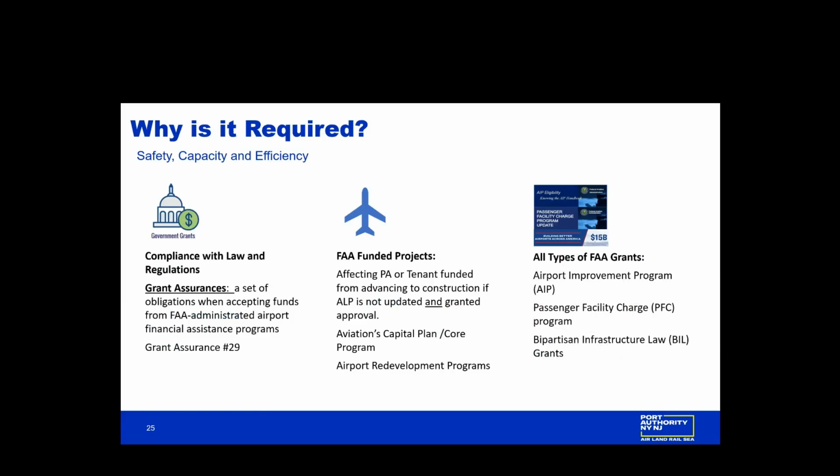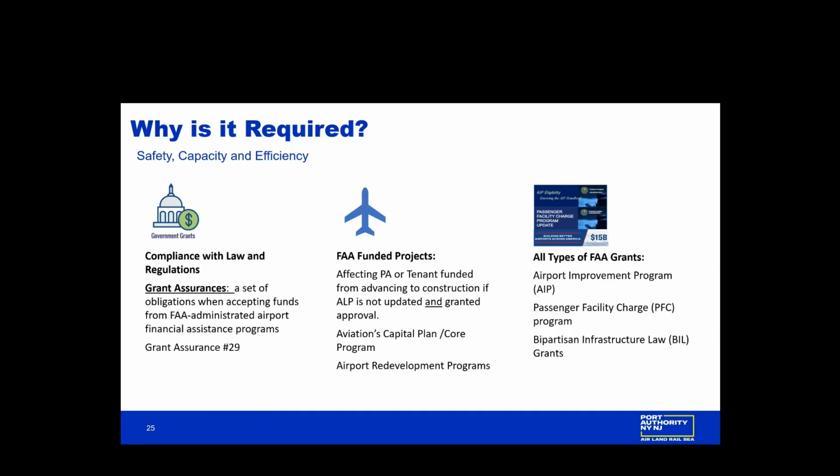It also has something to do with grant assurances. Grant assurances are a set of obligations when an airport accepts federal funding for a project, either an improvement or a rehab. It could be a runway rehab, a new taxiway, a new substation, or a new AirTrain station.